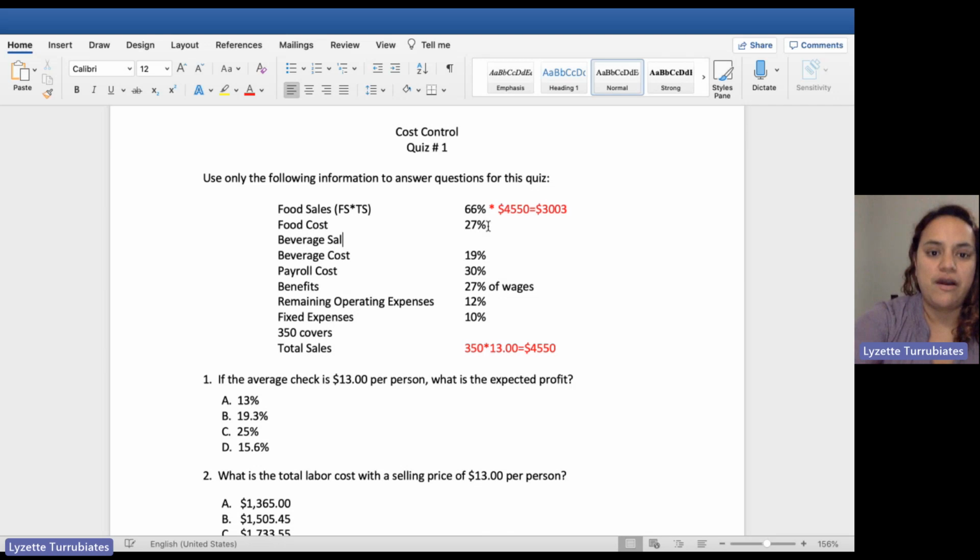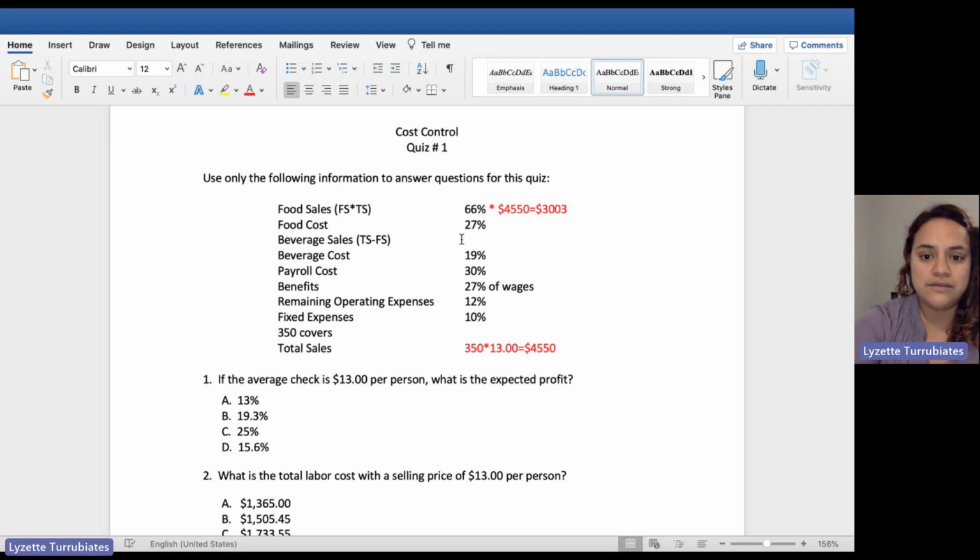So we also need to figure out what our beverage sales are. And this one's really easy to do because essentially your beverage sales and your food sales are coming from total sales, right? So your total sales are what you sold in food and what you sold in beverages, right? So since we don't have beverage sales and all we have is beverage costs, all you have to do is take your total sales. So I'm going to write that here. Total sales minus your food sales, and that's going to give you your beverage sales.